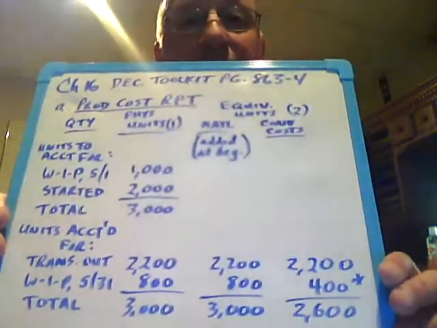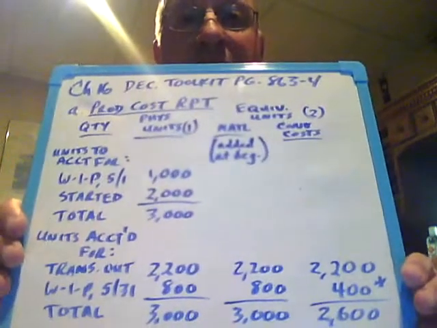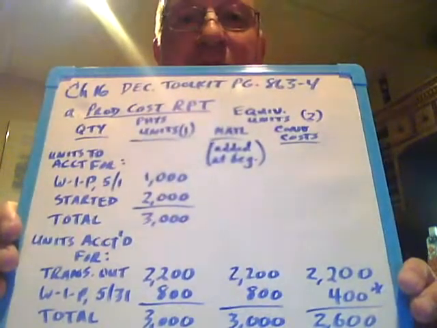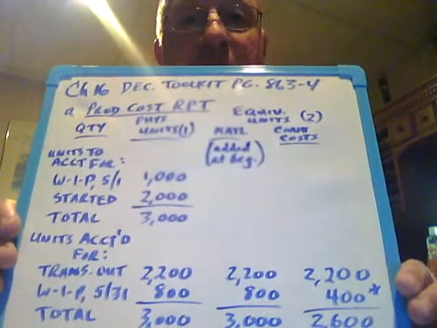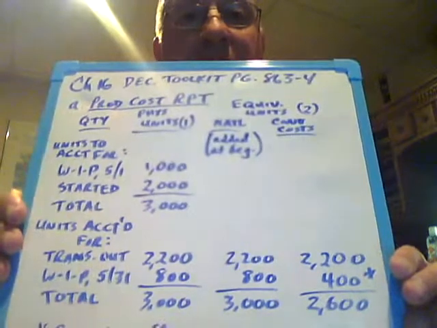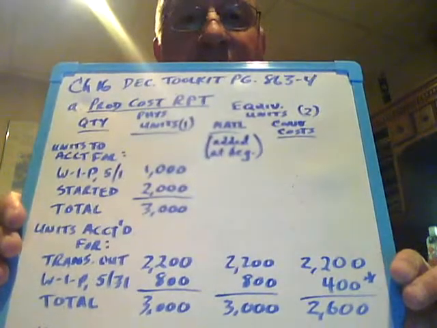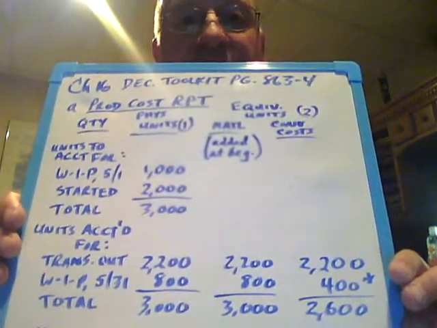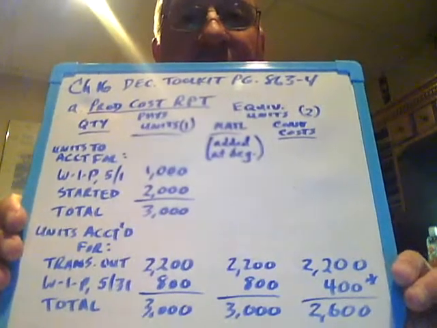Then we get into, as we look at the other side of this little whiteboard here, step 2 on determining equivalent units. Now, it states in the problem, as it does in most of these, that for process costing, the materials are added at the beginning of the process.